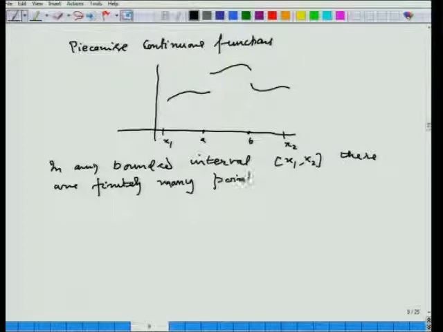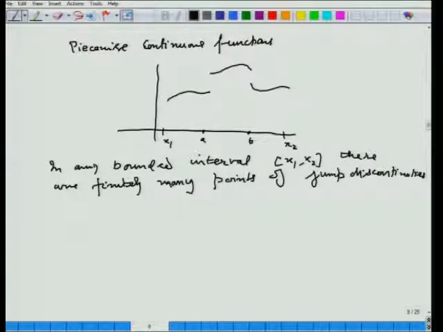In this interval there are only two points, the point a and the point b, where there are jump discontinuities.